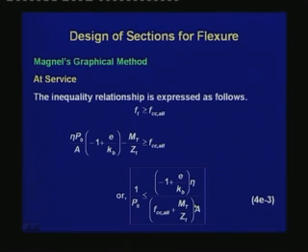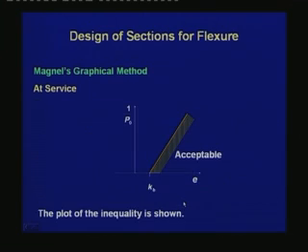Unlike the equations at transfer, where 1 by P0 had to be greater than the value on the right hand side, here 1 by P0 has to be less than or equal to it. When we plot the equation, it passes through the point E equal to Kb, and the zone below the straight line is the acceptable region, because 1 by P0 has to be less than the value computed on the right hand side.